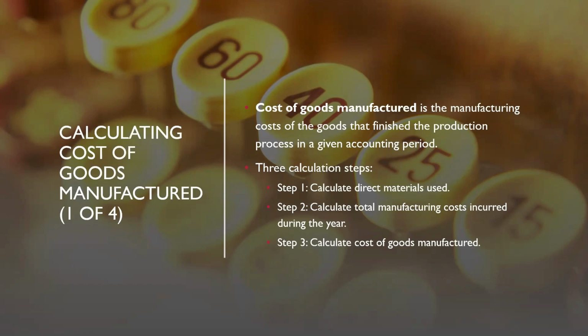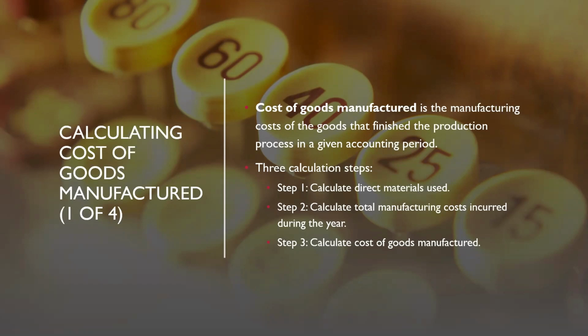Calculating cost of goods manufactured. Cost of goods manufactured is the manufacturing cost of the goods that finish the production process in a given accounting period. And according to the textbook, there are 3 steps to calculate the cost of goods manufactured.